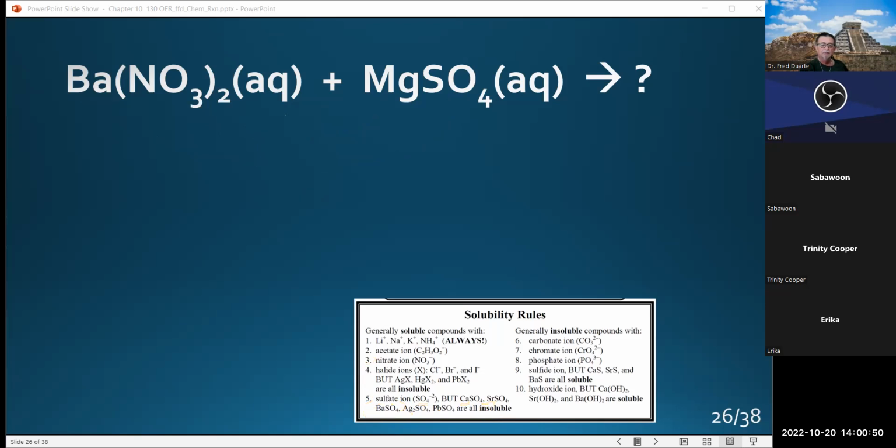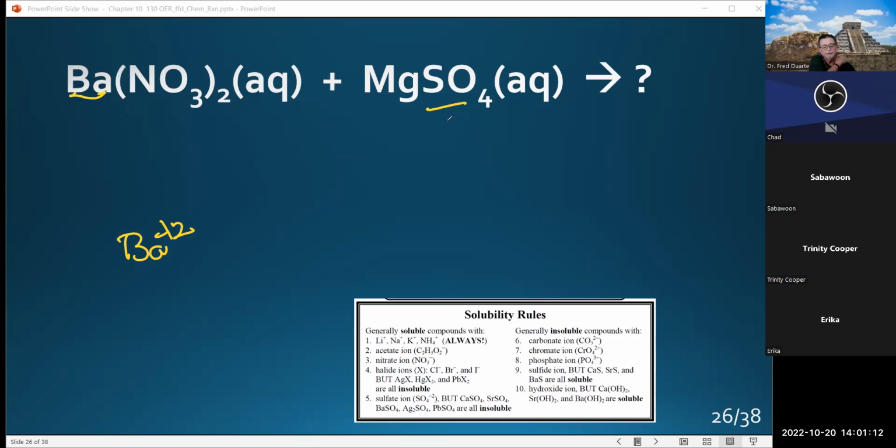Now when we do that, we need to make sure that we put them together in the correct ratio. So I'm going to write out the new products in ionic form. I'm going to have barium and sulfate. I know that barium is a +2 because it's a group 2 metal.